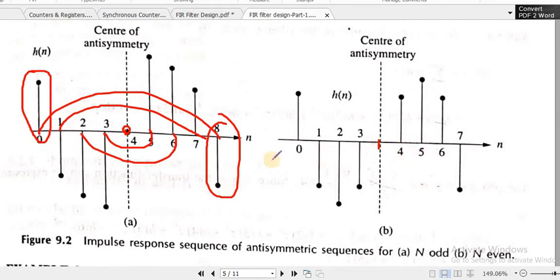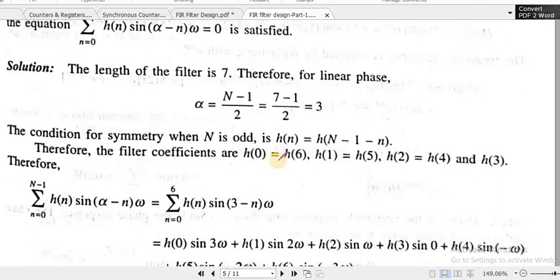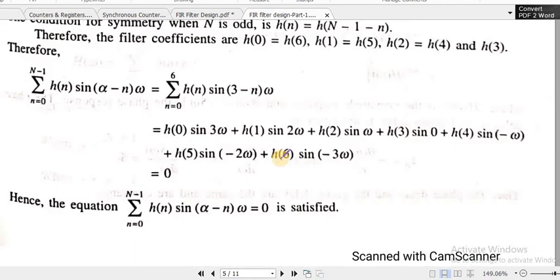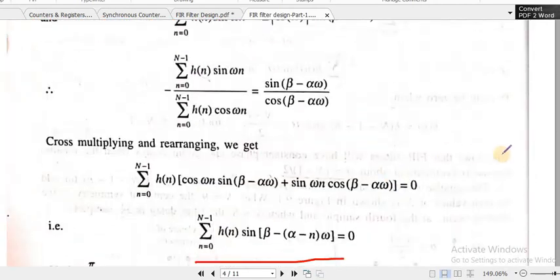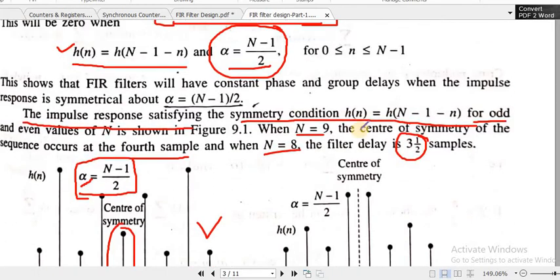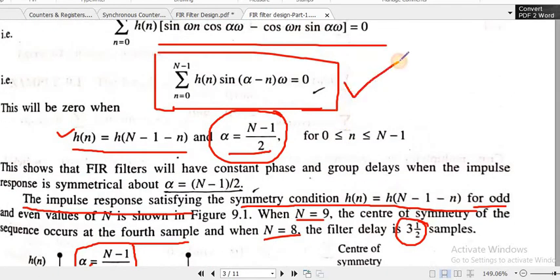So in both cases, for symmetric impulse response and asymmetric impulse response, the phase response will be linear. So there are total 4 types of filters. Now in the previous discussion, we said that this equation is true if the filter response is symmetric, or this equation is true if the filter response is anti-symmetric.